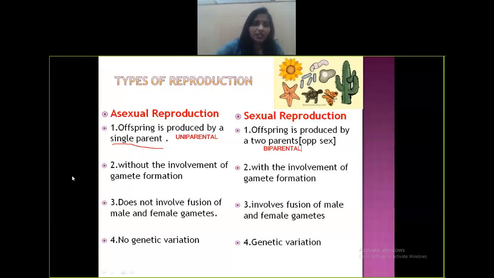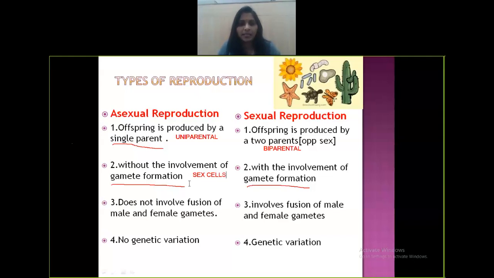Asexual reproduction is without the involvement of gamete formation. There is no gamete formation at all. We will be learning in higher classes what is gamete formation. Gamete basically means the sex cells.